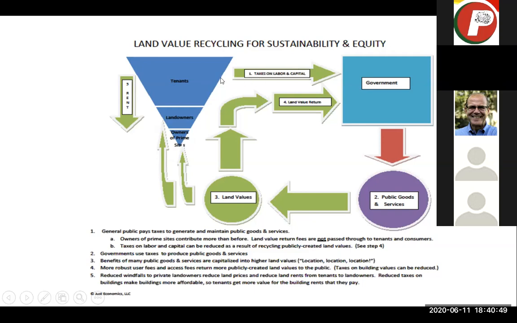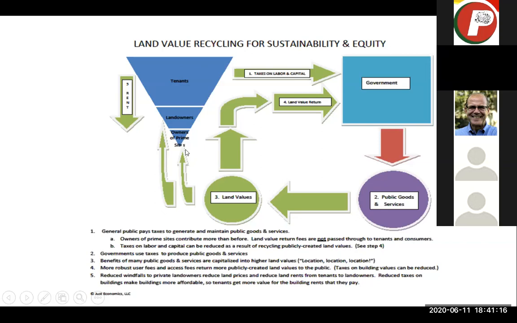And getting to that weird situation we talked about at the end of the last slide, the rents that people pay to access the infrastructure they paid for are lower because instead of this land value becoming a windfall to the owners of prime sites, it goes back to the government, which means that land prices and rents are lower than under the status quo.